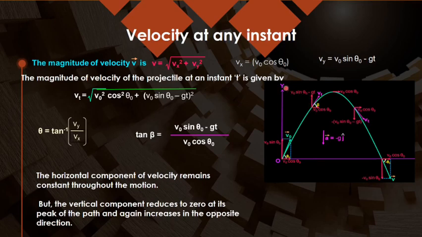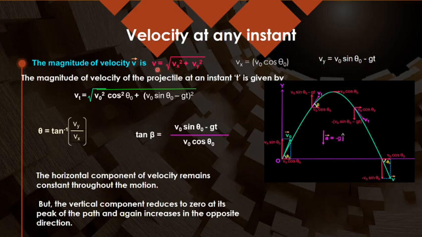The values for the horizontal and vertical components can be written by using the first equation of motion, v equals u plus at. For the horizontal component, ax is 0, so vx equals v naught cos theta naught, which means the horizontal component remains the same, while vy equals initial velocity v naught sin theta naught minus gt.